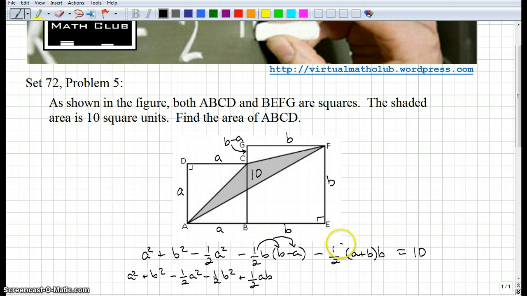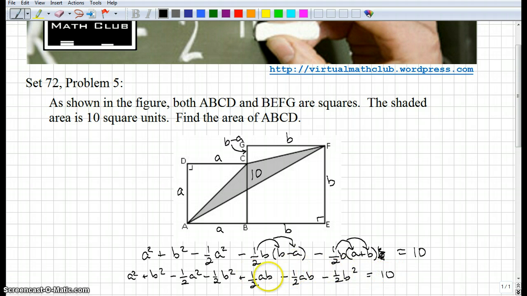And then I'm going to do the same thing here. I could write the B over here and distribute. So this is going to be minus 1/2 AB. And then the next term is minus 1/2 B squared. And that's still equal to 10.